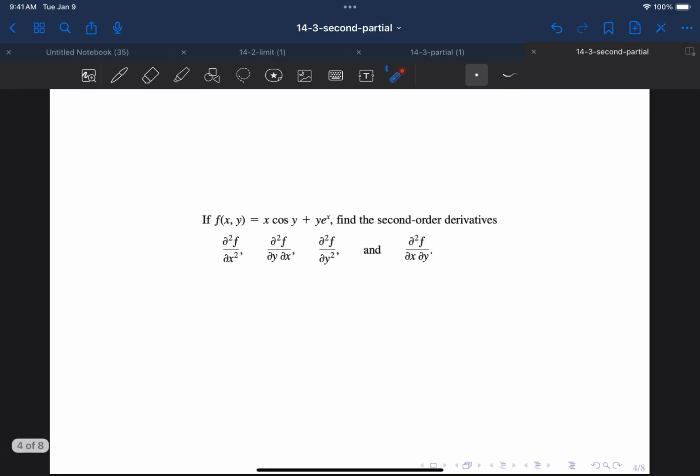Now we look at a function given by x cosine y plus y e to the x. Find the second order derivatives, which implies you want to derive four functions corresponding to partial x squared, partial y squared, partial x partial y, and partial y partial x.